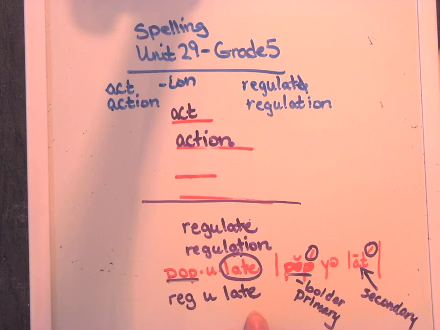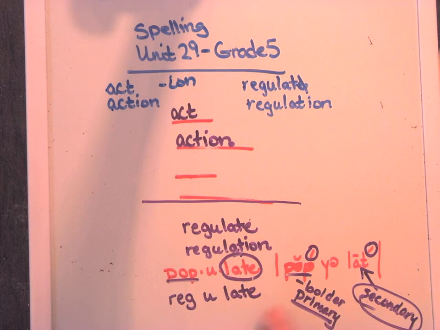Then you have to look in the back of your spelling dictionary and figure out which one is the bolder, the primary one, and which one's the secondary one. Circle the secondary, underline the primary. That can help you. And that's what you're going to do for your 1 through 6 at the top of page 182.